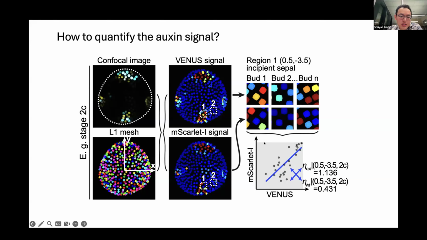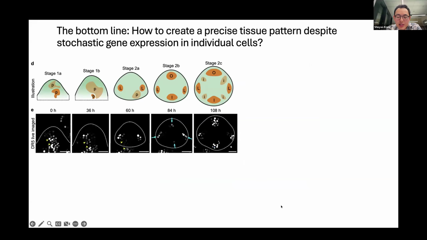I apologize again for not being able to show it in real time on MorphoGraphX because of the computer issue. But I'll tell you what we found. Returning to the image that I showed in the beginning, there is persistent stochastic gene expression coming from an auxin responsive promoter, and there is a lot of auxin noise at the beginning.